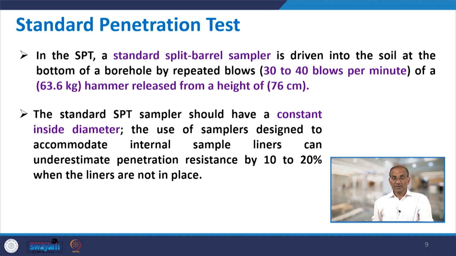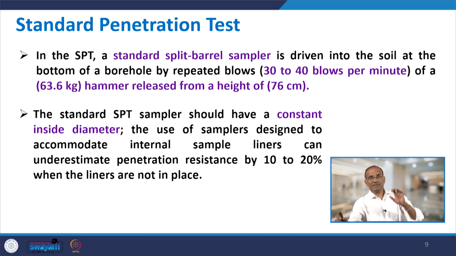So, in the SPT, a standard split barrel sampler is driven into the soil at the bottom of a borehole by repeated blows, and these blows are 30 to 40 blows per minute of a hammer. The weight of the hammer is 63.6 kg and it is released from a height of 76 centimeter.